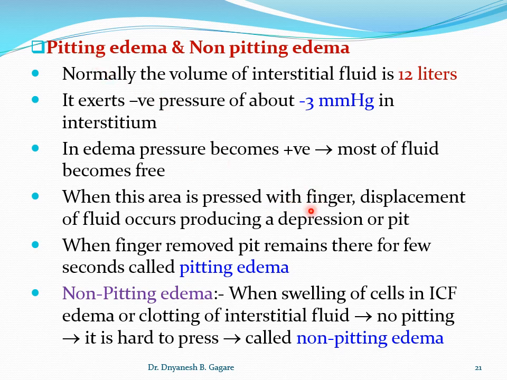If we keep the finger on this edematous tissue, or this tissue which is inflamed, displacement of the fluid occurs, producing a depression or pit. You keep the finger for a few seconds and remove it, and you can see the depression, a pit.